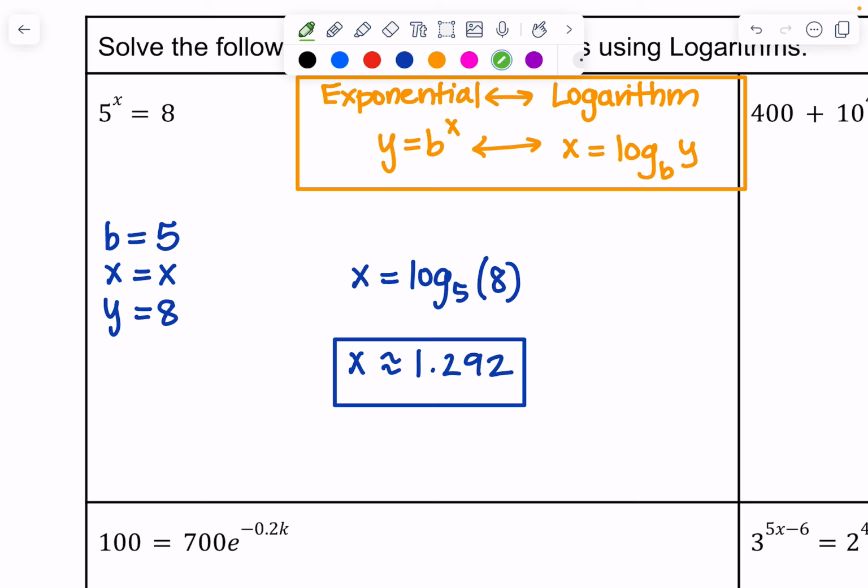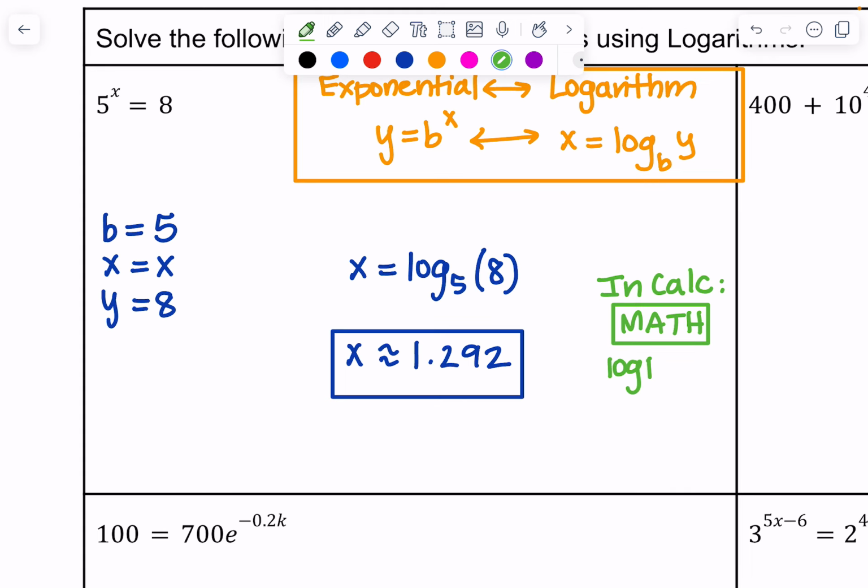In the calculator, there is a way to get the log base. Let me see if I can quickly find it. Yeah, so if you hit math and you scroll until you find log base, then you'll be able to type that in your calculator.